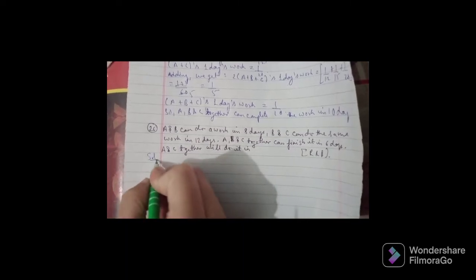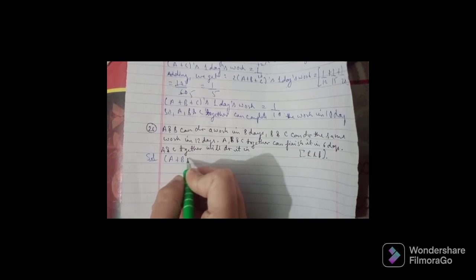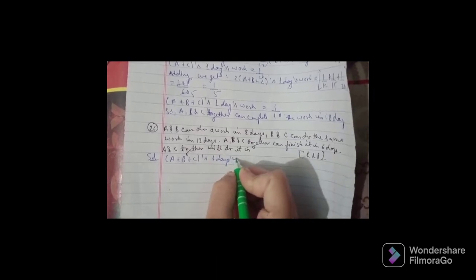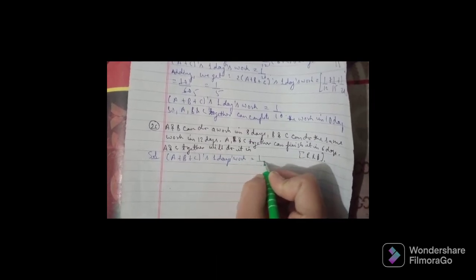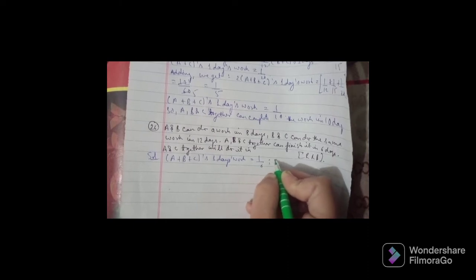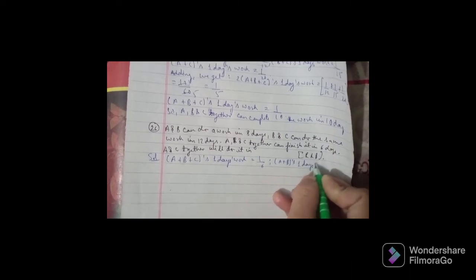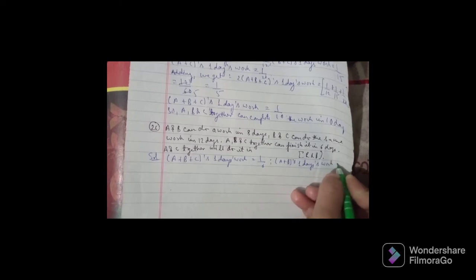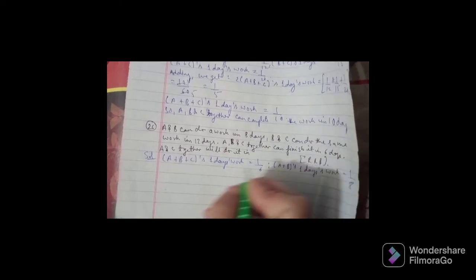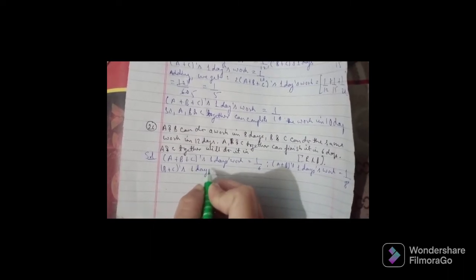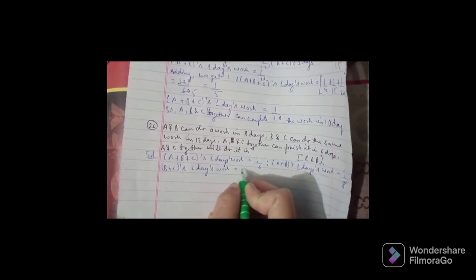A plus B plus C's 1 day's work equals to 1/6, and A plus B's 1 day's work equals to 1/8. B plus C's 1 day's work equals to 1/12.